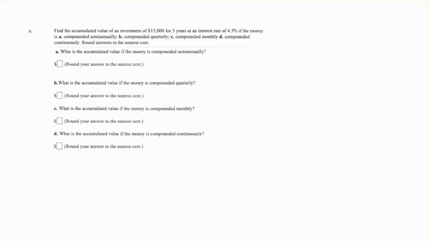All right. Number 6 has some comparisons to do. It says find the accumulated value, that would be future value, of investment of $15,000 for 5 years at an interest rate of 4.5% if the money is compounded semi-annually, that's twice a year, quarterly, that's 4 times a year, monthly, 12 times a year, or continuously.